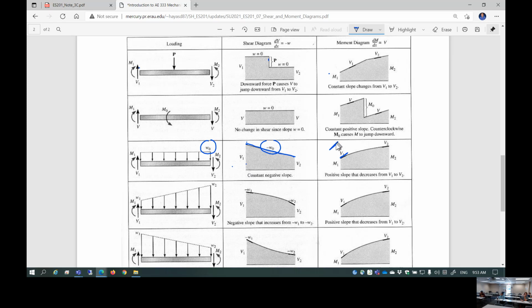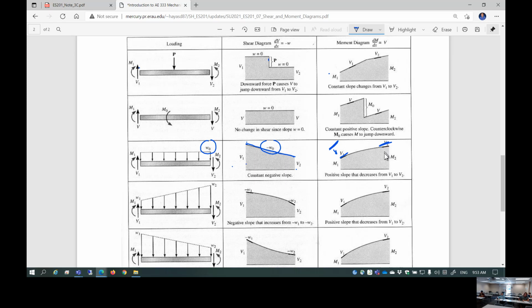You understand? Slope is higher right here at the beginning because the shear is a high value. However, this shear is continuously decreasing, becoming V2. So here, the slope now becomes a lower value. In other words, the starting slope is this V1, but at the end, the slope becomes V2.